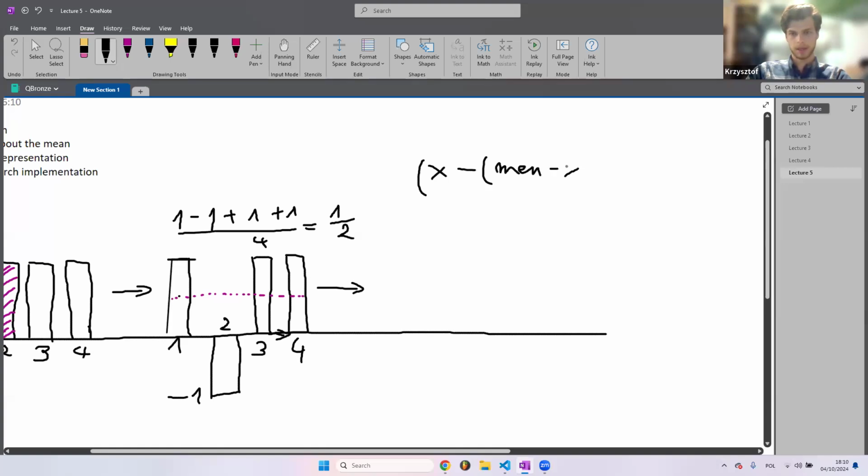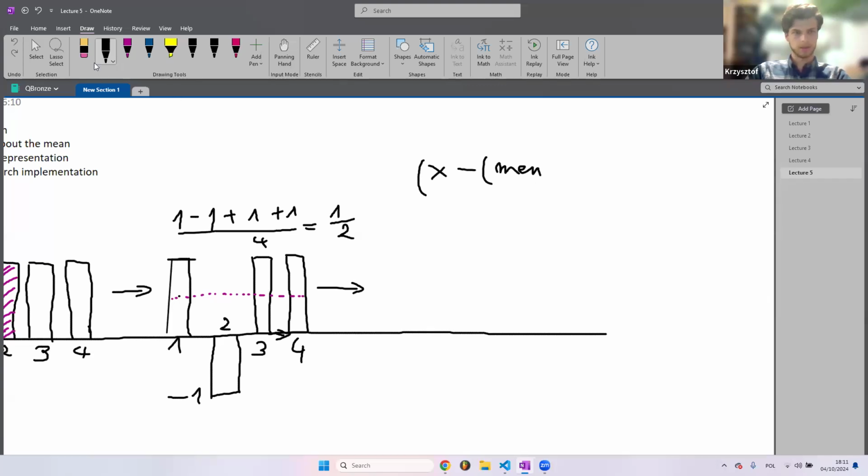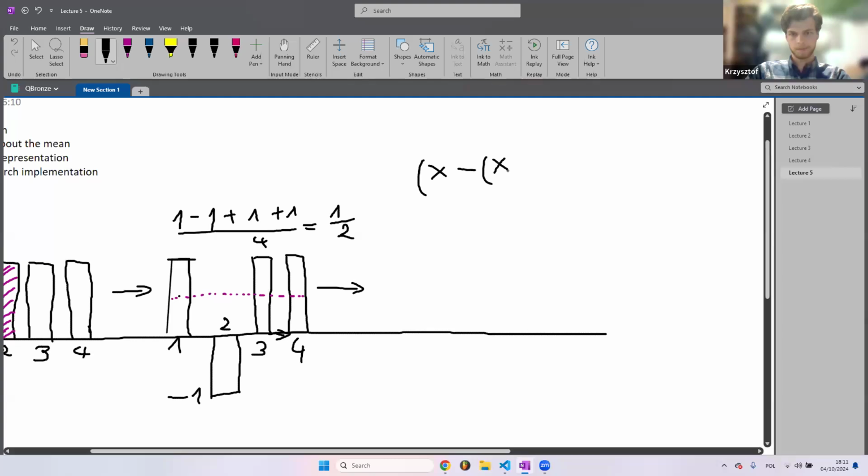Actually, x minus mean. And if we do that, then the value of the first element will be 0.